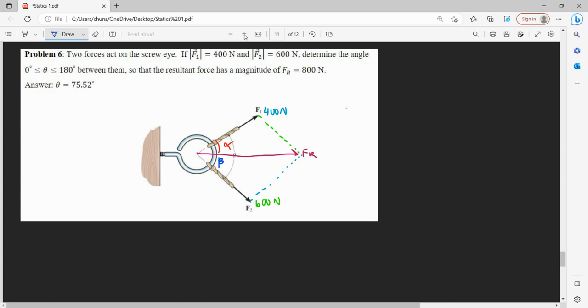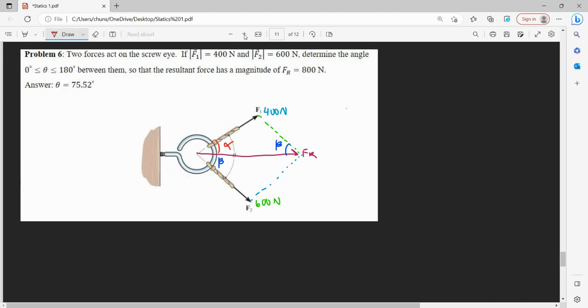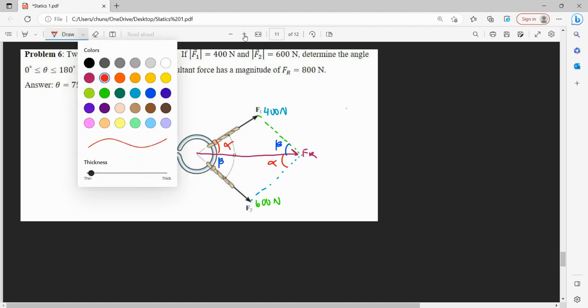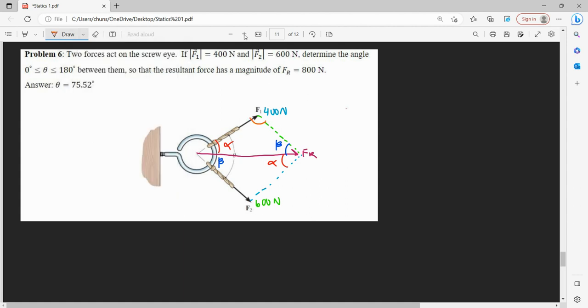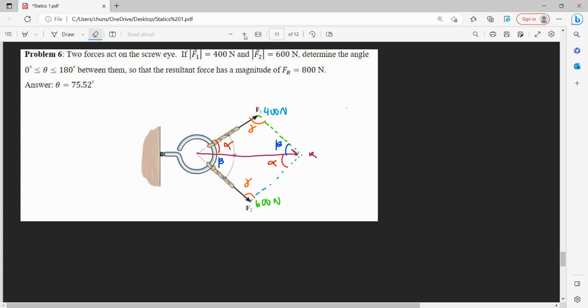Similarly, that means that the angle here is also beta, and the angle between our blue one and our resultant is also alpha. We have another one called gamma. Oh, sorry, and we also know our F resultant to be 800.